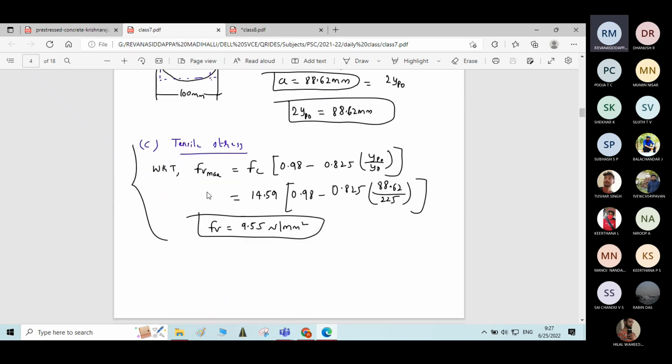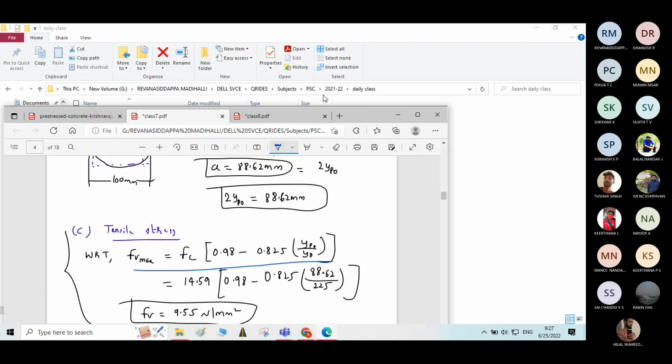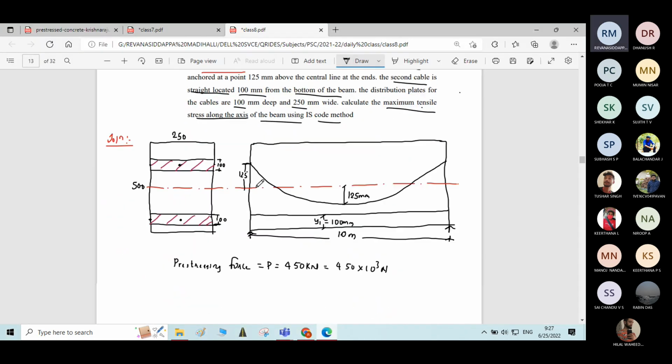Here we have the formula for maximum tensile stress. Let me copy this formula.